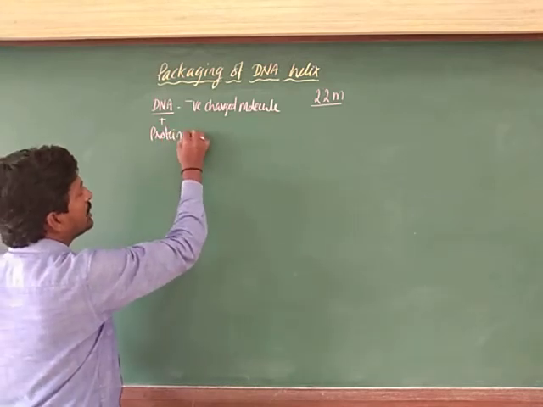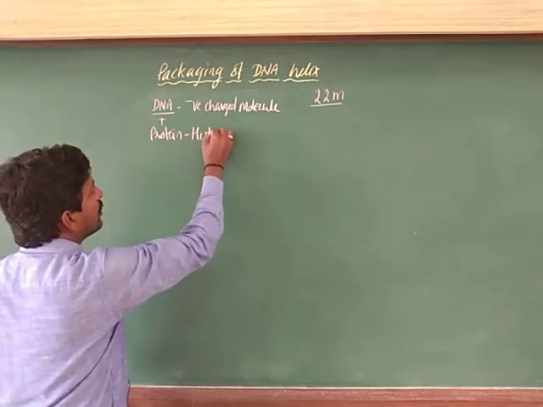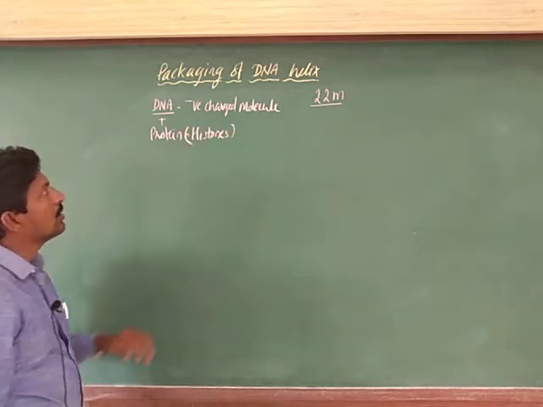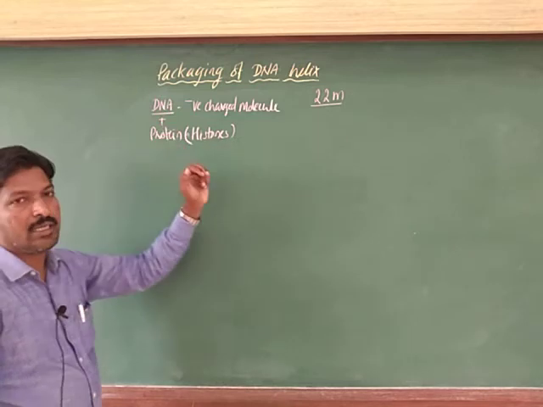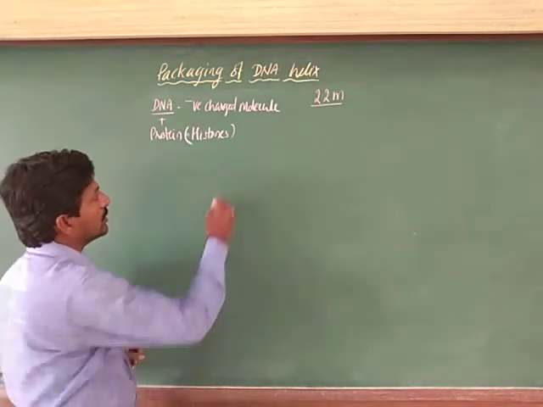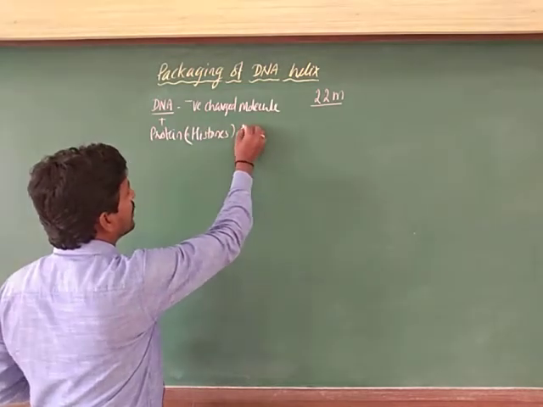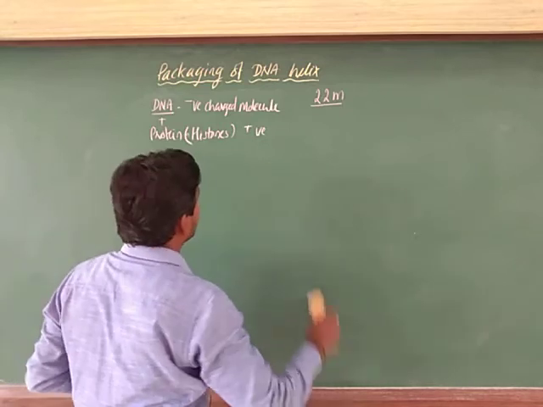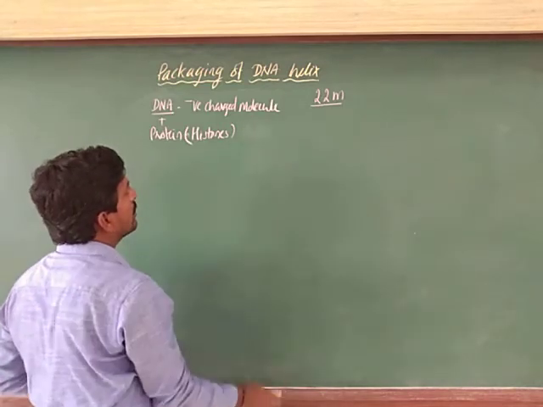The proteins are called histones, understood. The proteins associated with the DNA are called histones. Histones are positively charged.